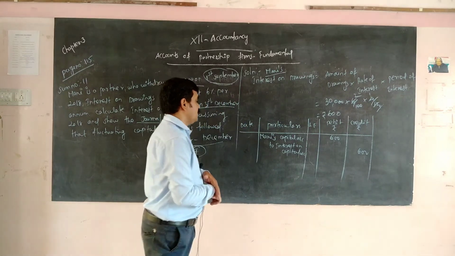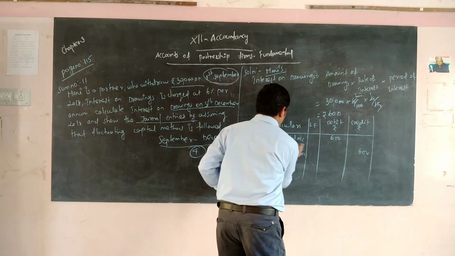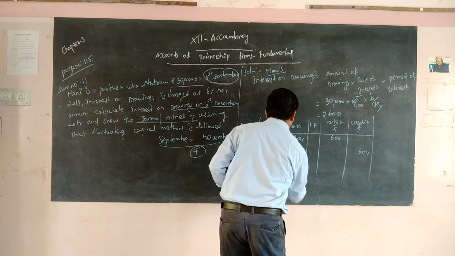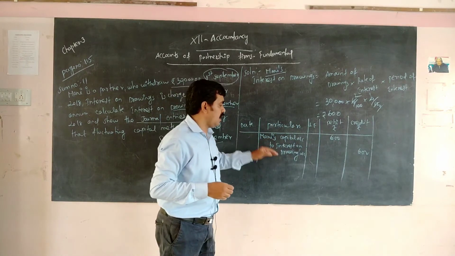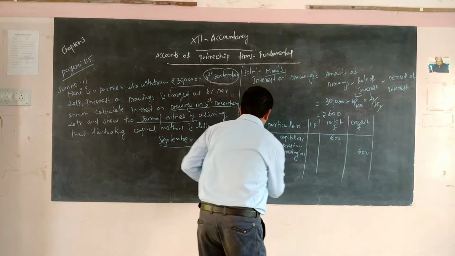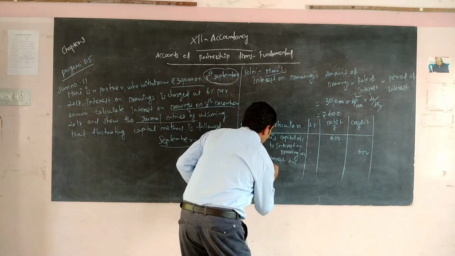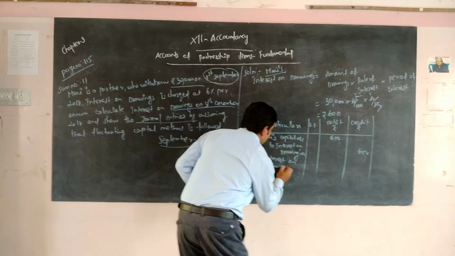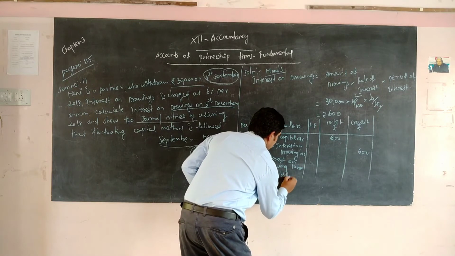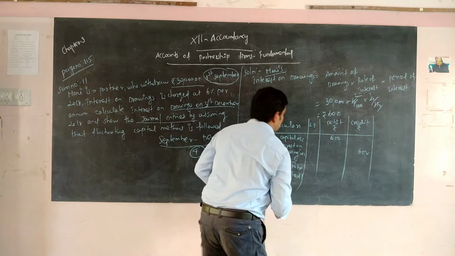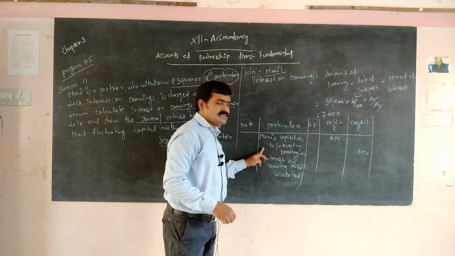So what is the narration? Mani's capital account debited to interest on drawing account, being interest on drawing calculated.